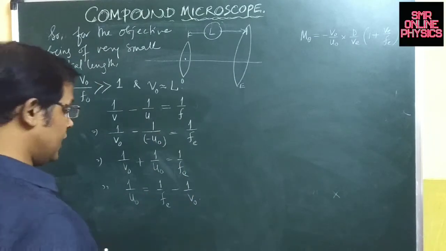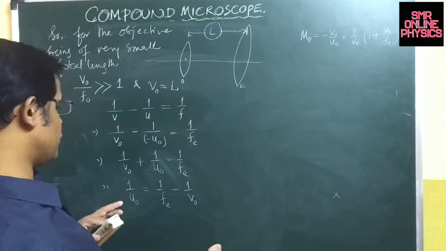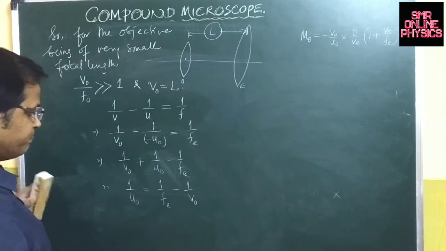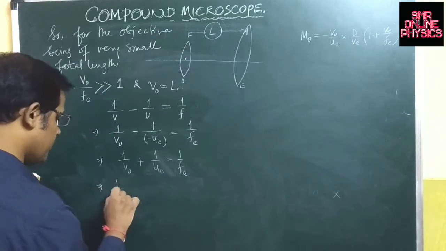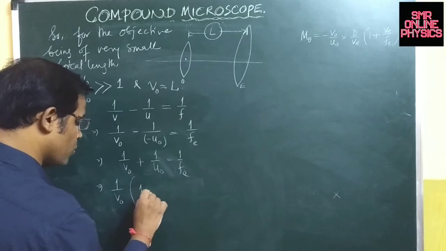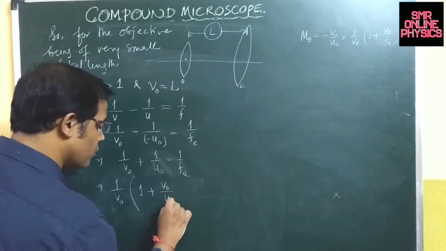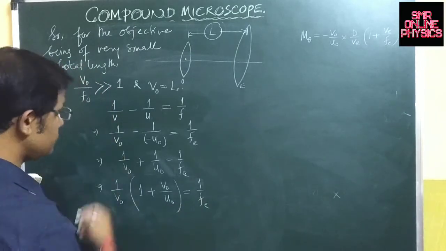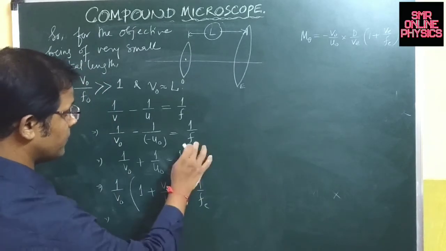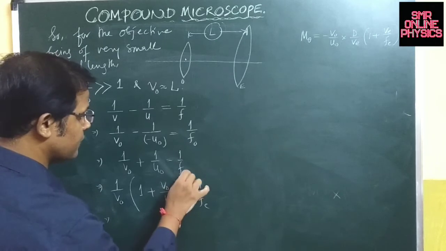If I take the ratio, that will be great. Taking 1 by V naught common, you get 1 plus V naught by U naught. What you'll find here, this is F naught.